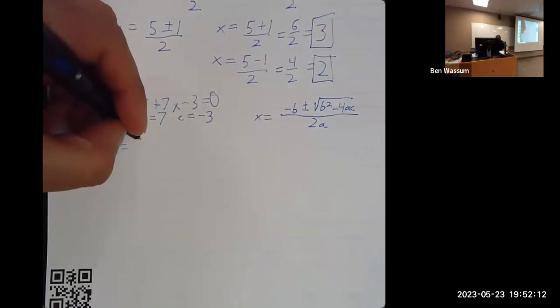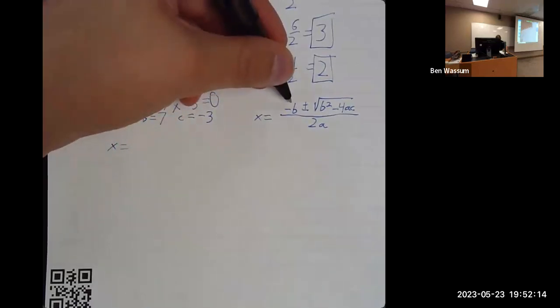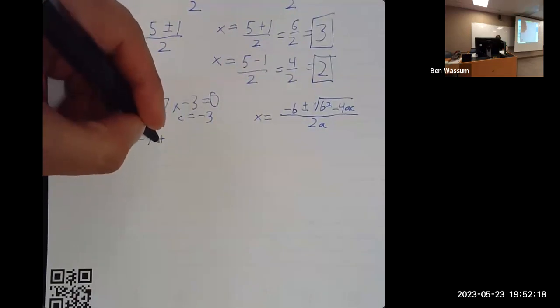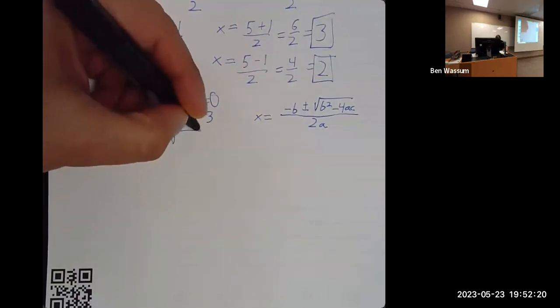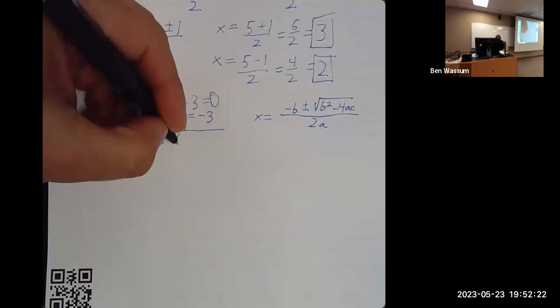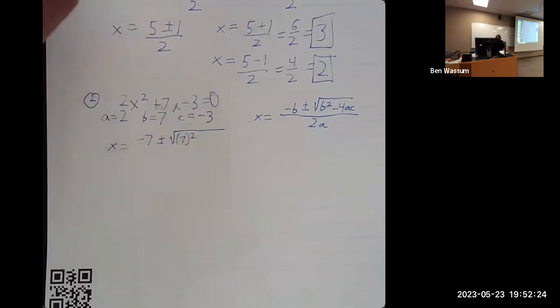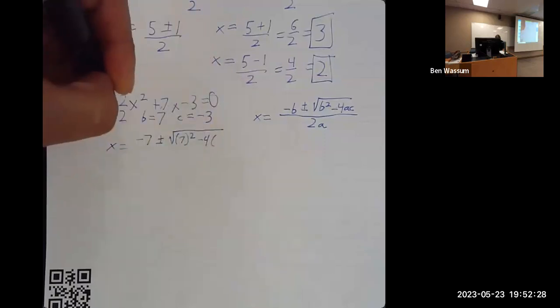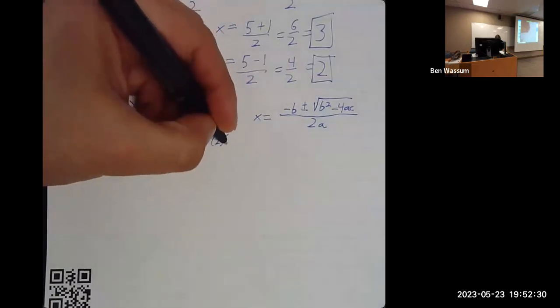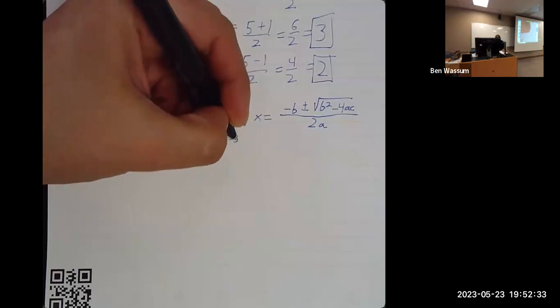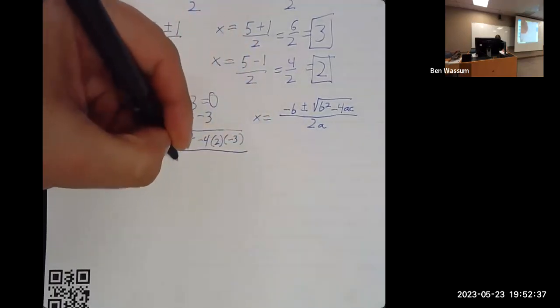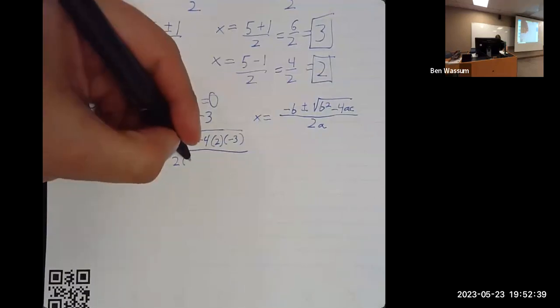X is equal to negative b, so negative 7, plus or minus the square root of b squared, so 7 squared, minus 4 times a, which is 2, times c, which is negative 3, all over 2 times a, which is 2.